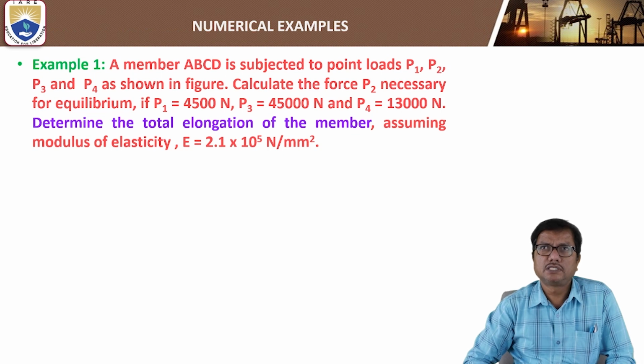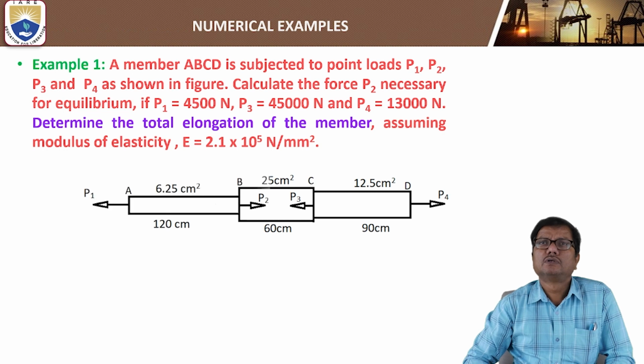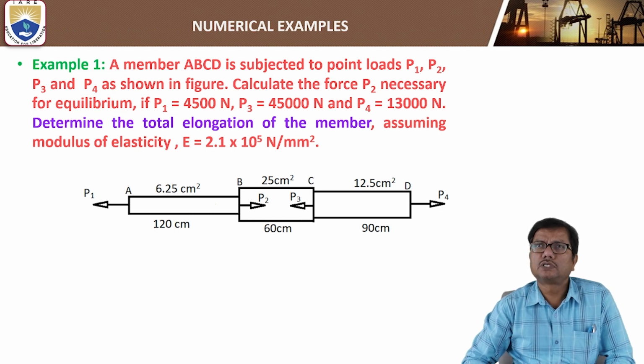The member ABCD is subjected to four point loads P1, P2, P3, and P4 as shown in the figure. Calculate the force P2 necessary for equilibrium if P1 equal to 4500 newtons, P3 equal to 45,000 newtons, P4 equal to 13,000 newtons.